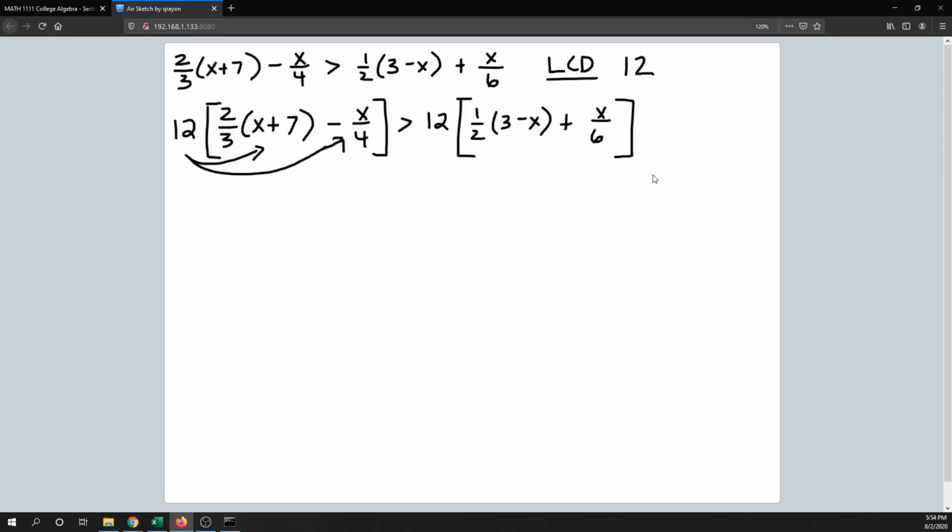Okay, so I'm going to take that 12 and multiply it times the 2/3 x plus 7, and I'm going to take that 12 and distribute it to the x over 4, and the same thing is going to happen over on the other side.